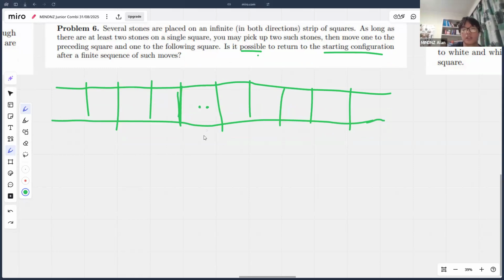So to deal with this problem, we should assign weights to different squares. We can call this central one 0. This one is 1. This is 2. This is 3. This is 4. And we can call this one -1, -2, -3, and -4.